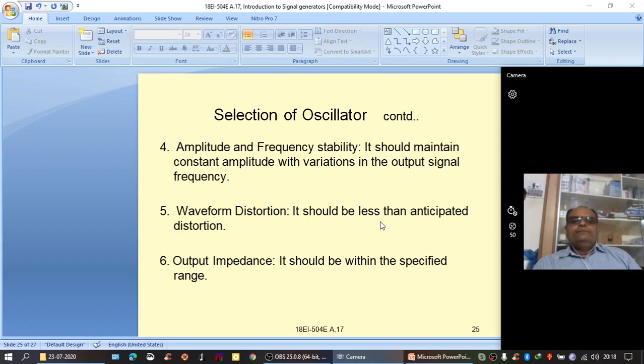The distortion produced by the oscillator should be less than the anticipated distortion. And output impedance. In order to avoid loading of the circuits, output impedance should be within the specified range.